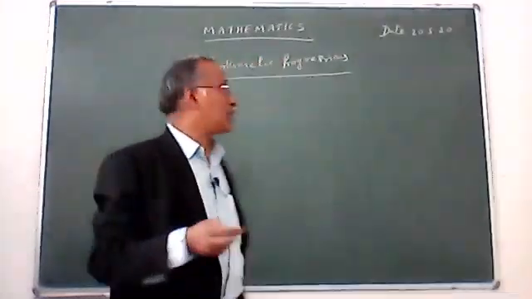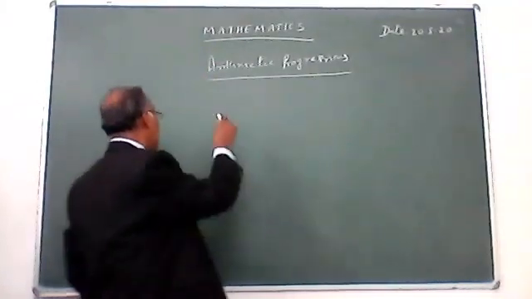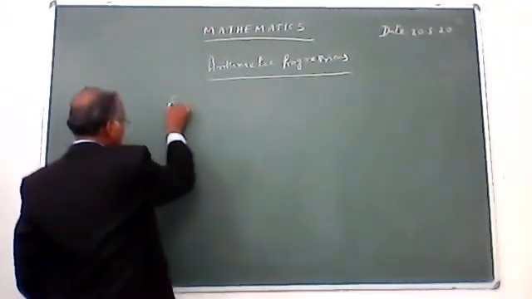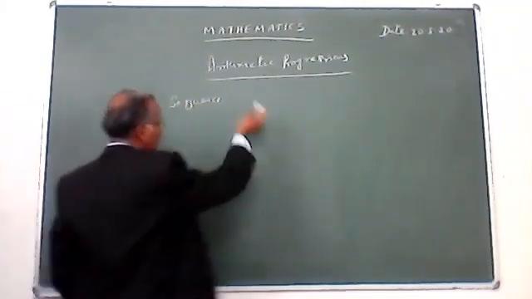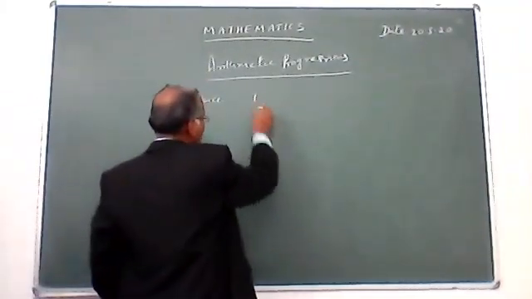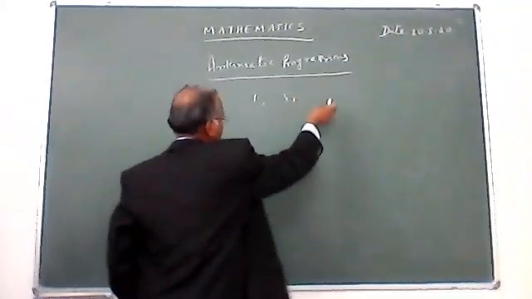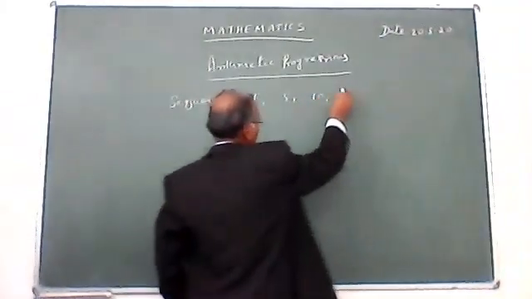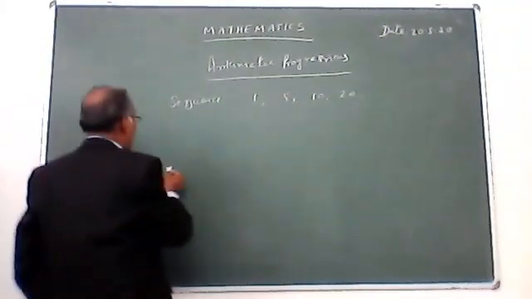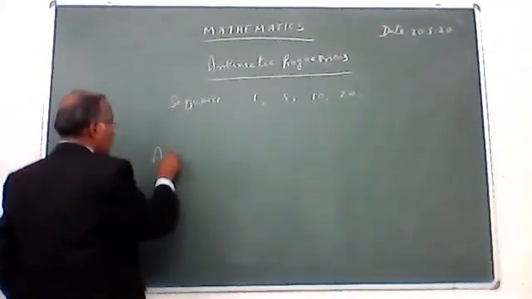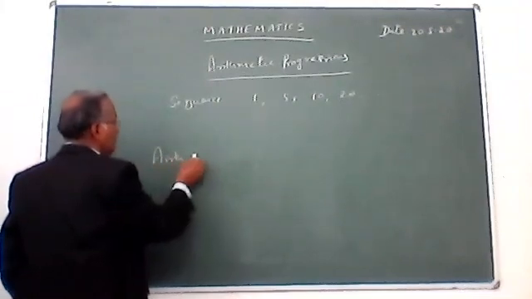Then what is an arithmetic sequence? Let me give an example. First, sequence. What is a sequence? Let us take some numbers: 1, 5, 10, 20, x and so on. Arithmetic sequence. How do you give the example? Look at this now.